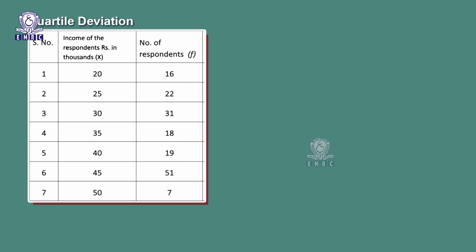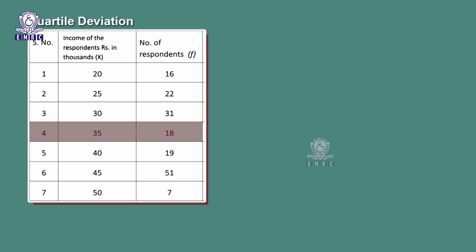Let us take one more example to have a clear understanding of how to calculate the quartile deviation. If we see the income of respondents, the person who is earning around 20,000 per month, there are 16 people. There are 22 people who are earning around 25,000 per month. There are 31 people who are earning around 30,000 per month.